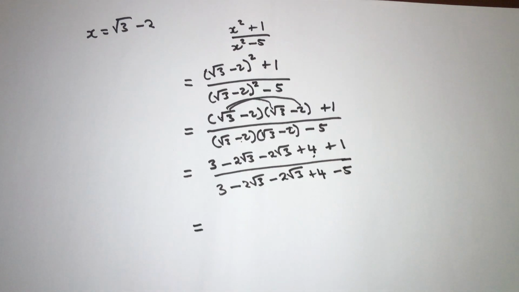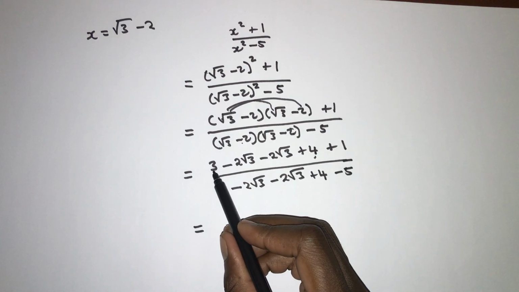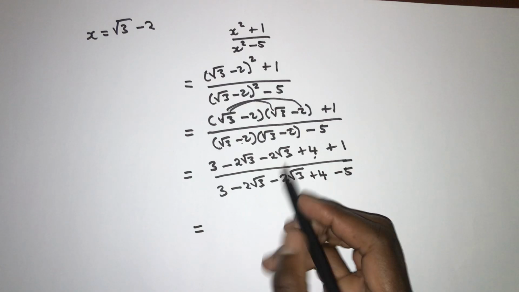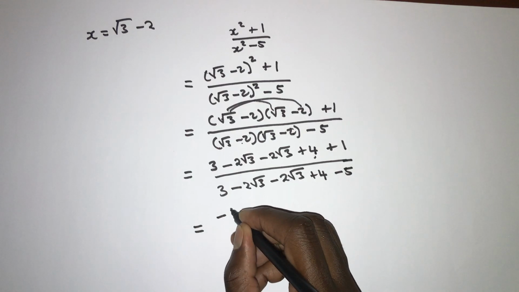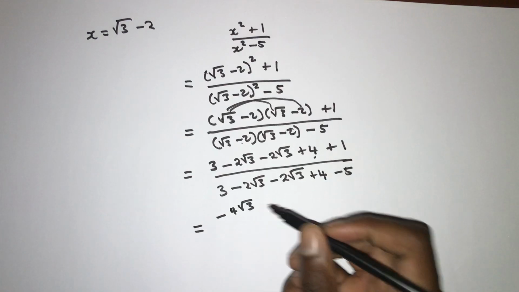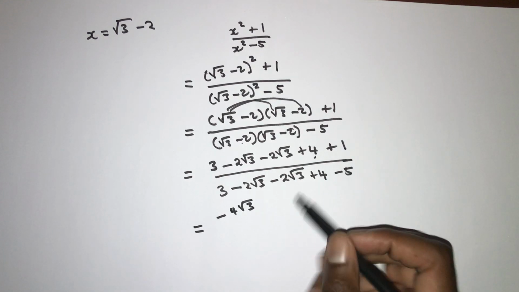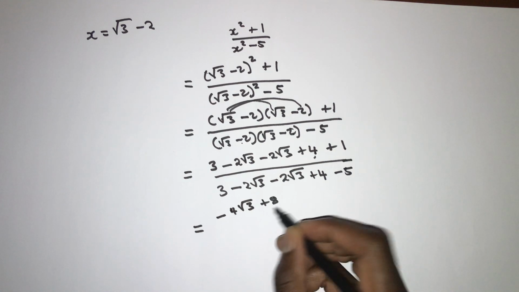So let's start with this one. Negative 2 root 3, negative 2 root 3 is negative 4 root 3. And then 3 plus 4 is 7, 7 plus 1 is positive 8.